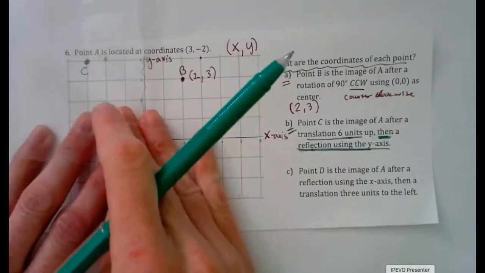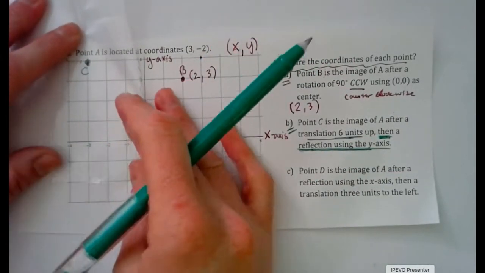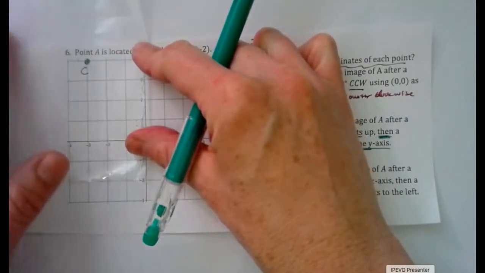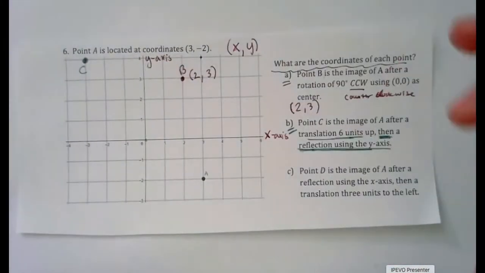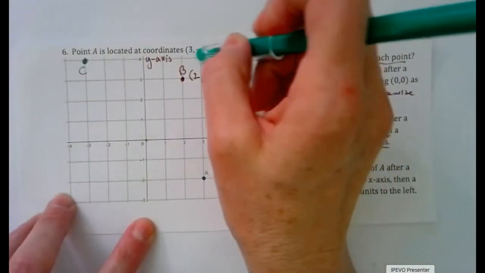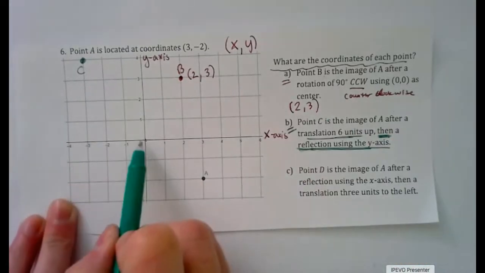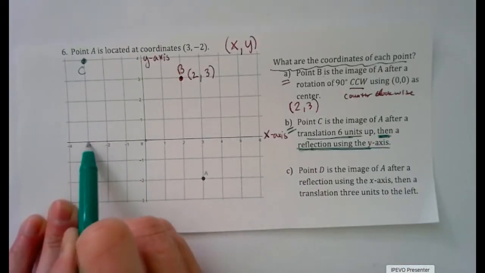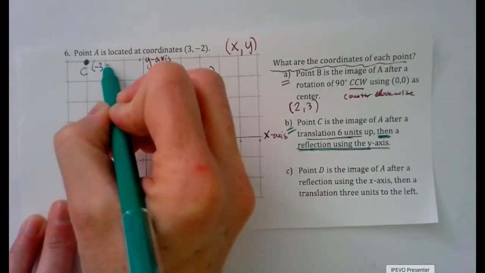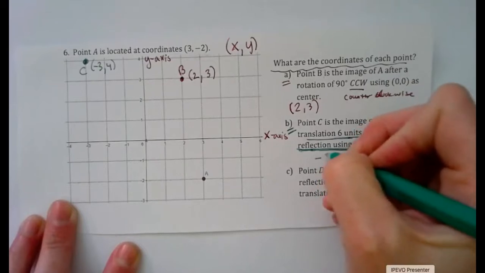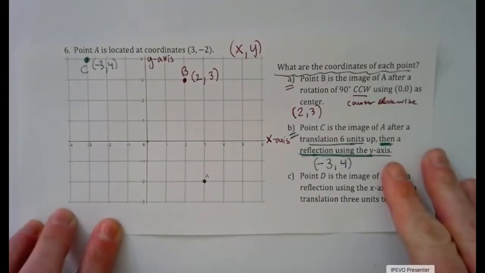Now, if you actually wanted to fold along your reflection line, see how that matches up? So my answer is C. That was temporary. Get rid of that. So point C is at (-3, 4). Make sure you put parentheses around your ordered pairs.